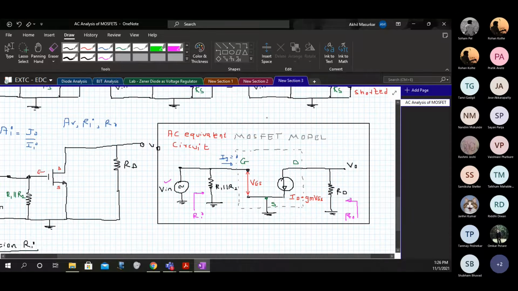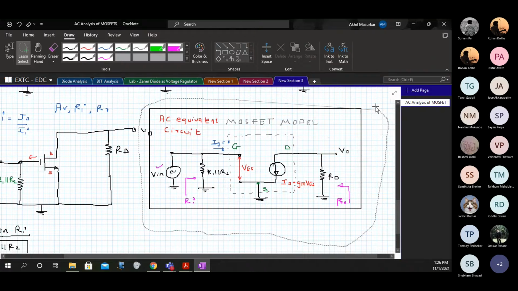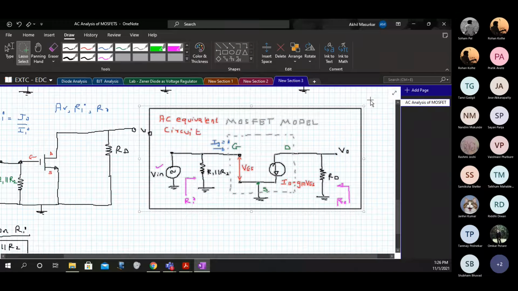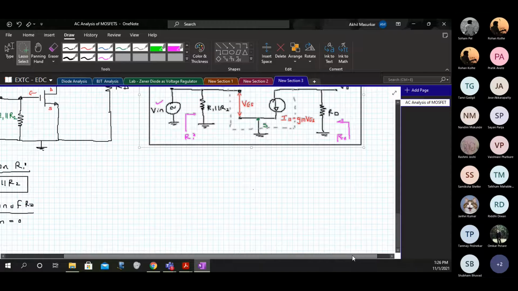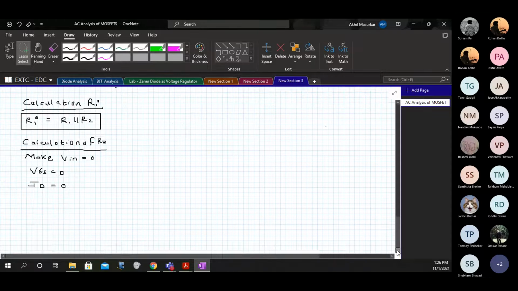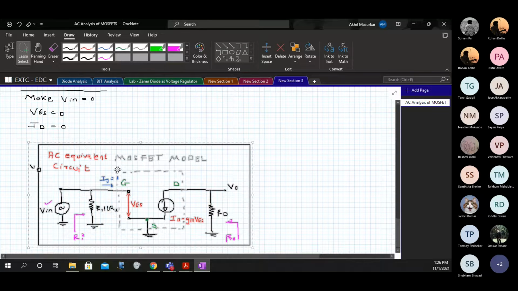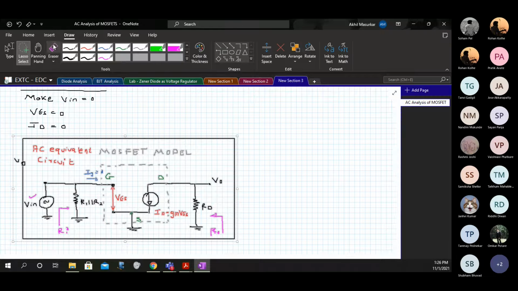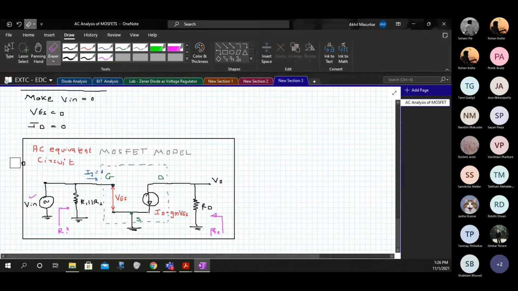now becomes somewhat like this. See here. So this circuit becomes like this. And what changes in this?